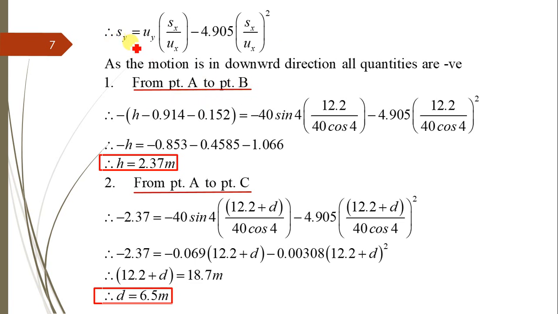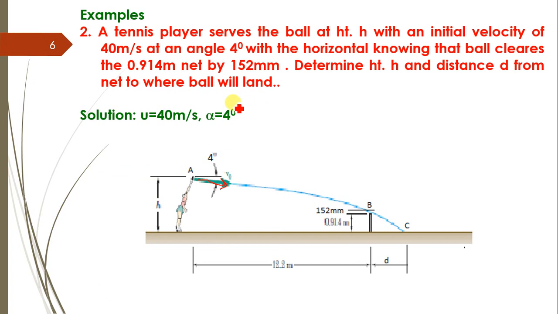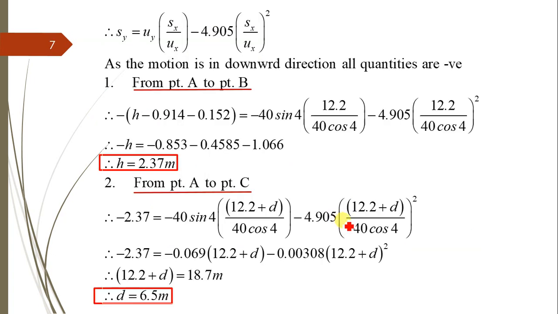So sy between A to B is equal to, here we know that total height is h, and up to point B the height will be 0.914 plus 0.152. So therefore sy, the vertical displacement between point A and point B, is equal to h minus 0.914 minus 0.152, and as it is in the downward direction it will be considered negative.